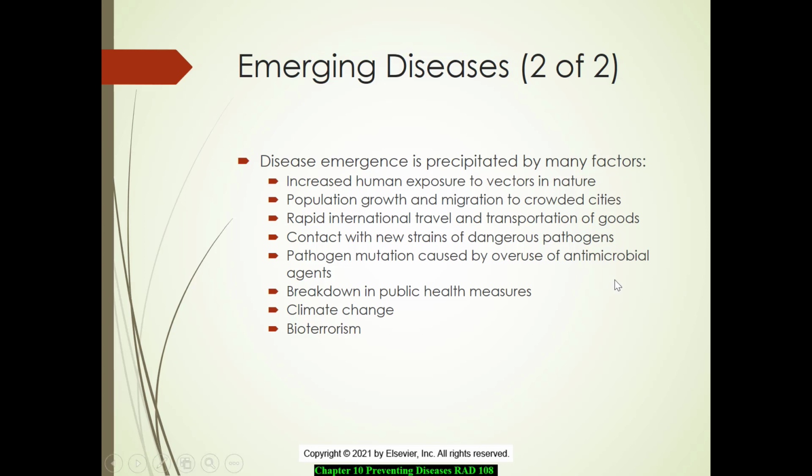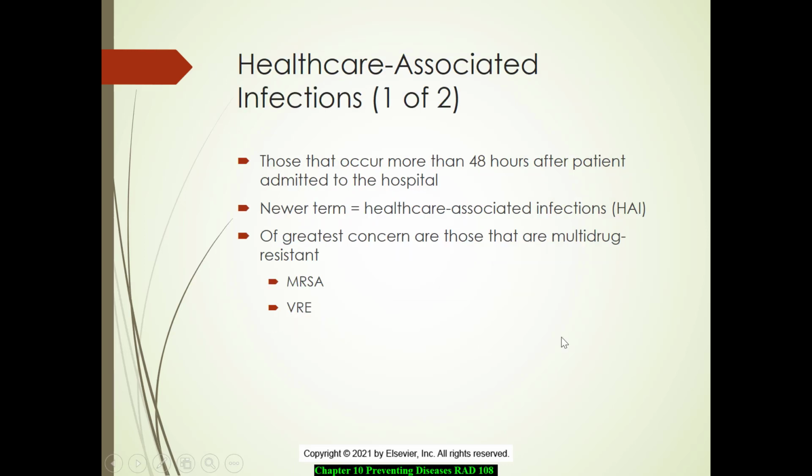So you saw that again with China, and how quickly that COVID variant and the variants arrived in the United States and traveled across the country. I mean, it was a matter of a month that it started to spread across. There's also contact with new strains of dangerous pathogens, a breakdown in public health measures, and climate change. You're starting to see a lot more flooding and wildfires taking place. And we also have to be concerned with bioterrorism.